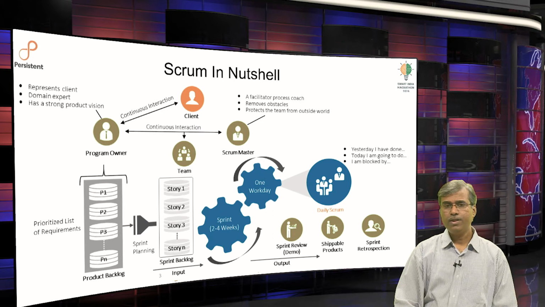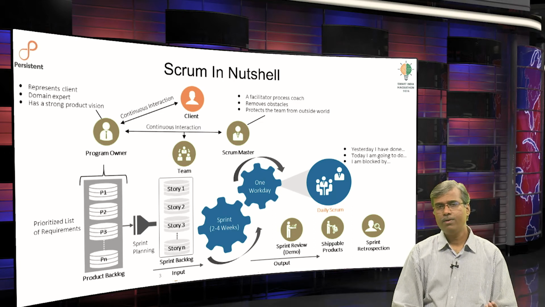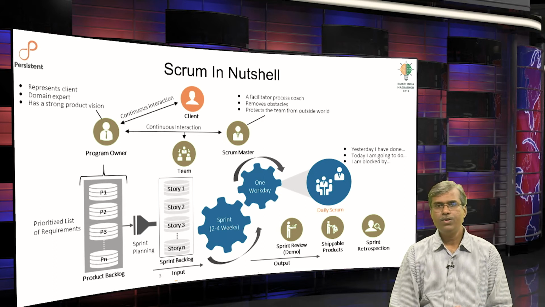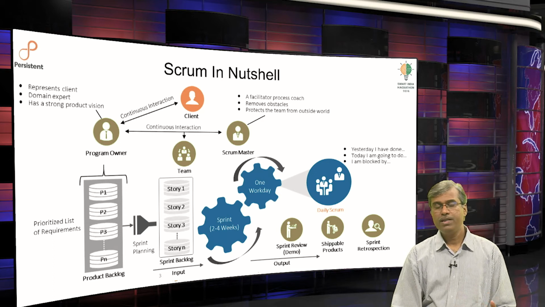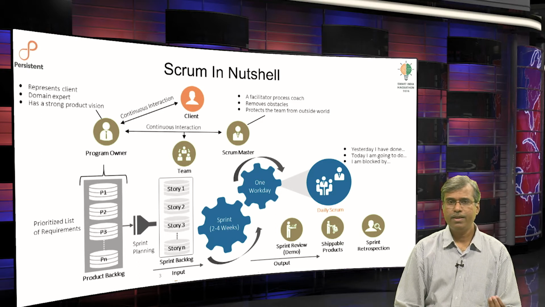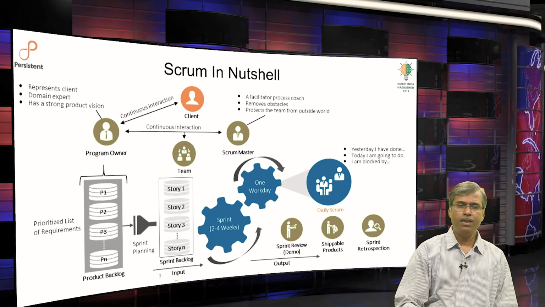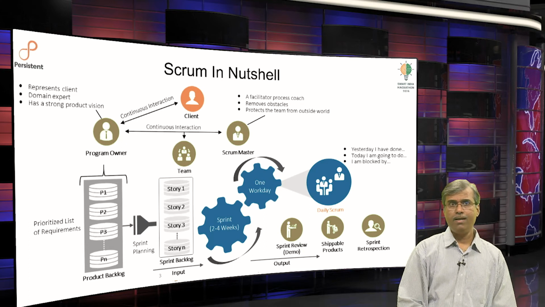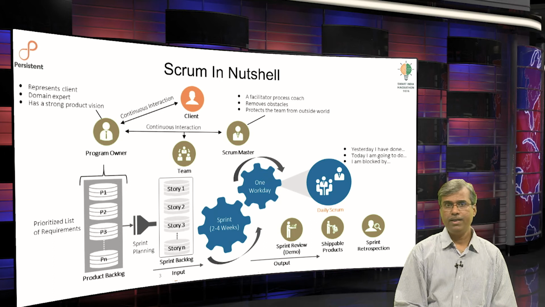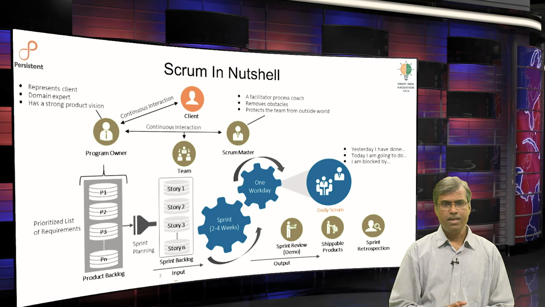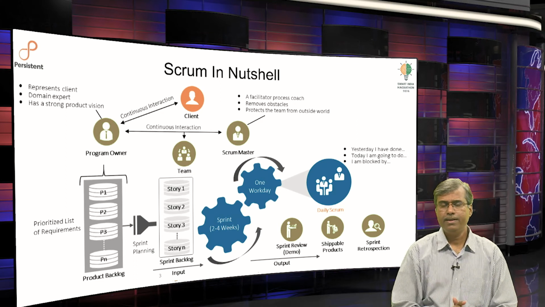So, it is quite possible that a member who says the story has a size of 5 may have assumed something which he thinks would make the implementation simpler. However, the other person who is sizing it 13 may have paid attention to something which might be required to implement, which is not stated, it is implicit, and that is the reason she is saying it is 13.